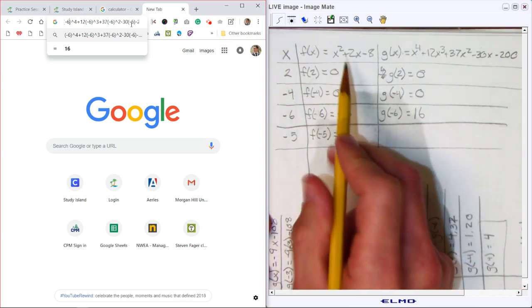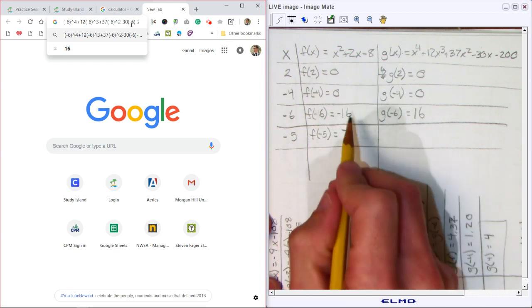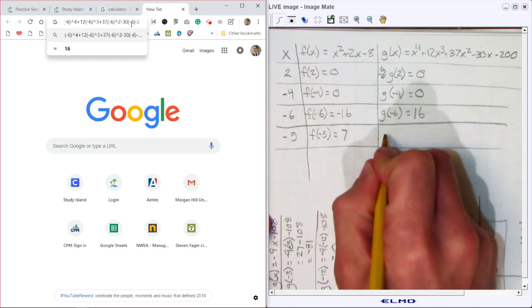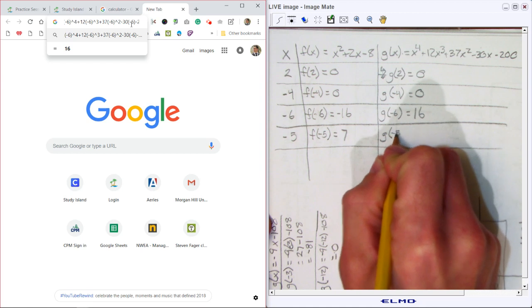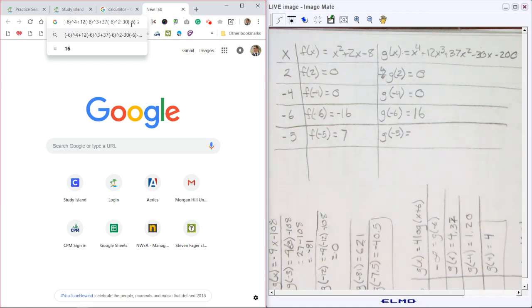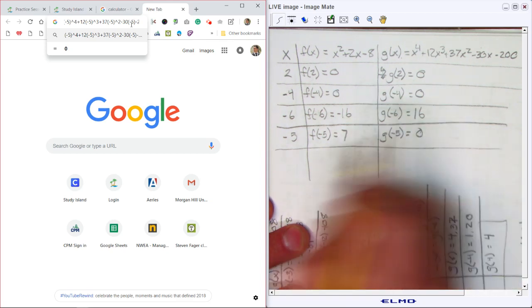Maybe we want to go back and double check that we put it in right, but these are different values. They're opposites. Let's try g of negative 5. I'm just changing my negative 6s now to negative 5s. I get 0 again. So those are different.